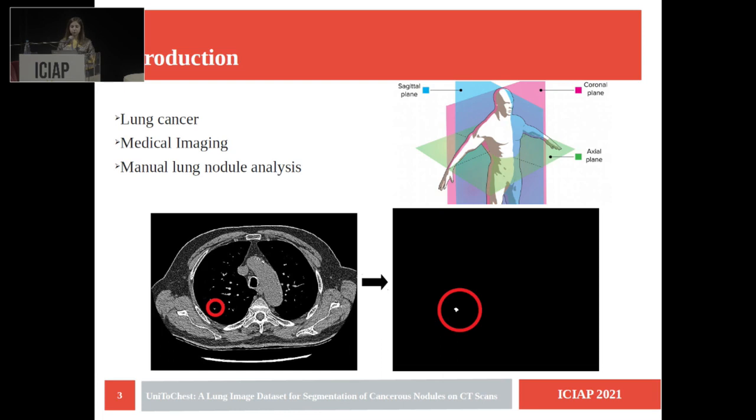An example of such a CT scan slice can be seen on the screen. From these CT scan slices, the radiologist further detects whether there is a cancerous lung nodule present in the CT scan and then suggests any kind of treatment. This manual lung analysis is not only time consuming, but it's also prone to inter-observer variability.